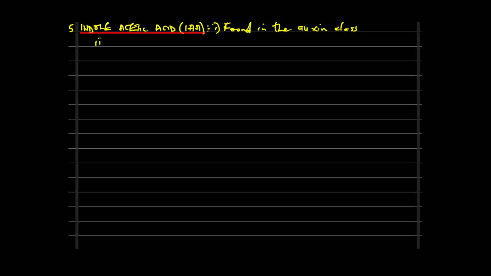So the functions now. It regulates growth and developmental processes in tissue differentiation, apical dominance, as well as response to light, gravity, and pathogens. These are the functions of indole acetic acid: regulation of growth and developmental processes such as cell division and elongation.